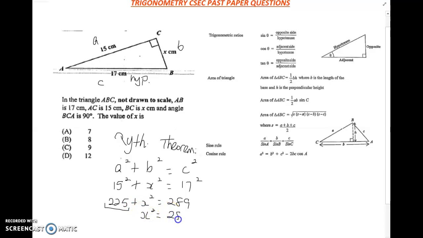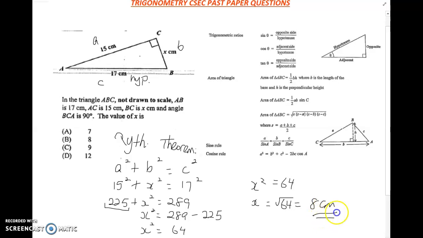So that's going to become 289 take away 225, and you're going to get x squared. When you subtract, you're going to get 64. So we have x squared is equal to 64. The opposite of squaring, remember, we want to find the value of x alone, is square root, which is 8 cm.